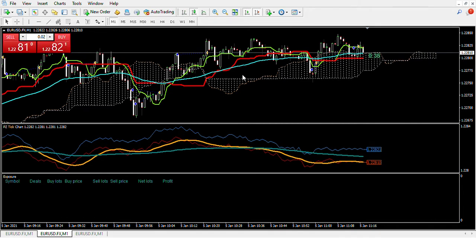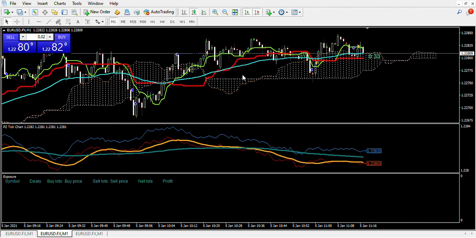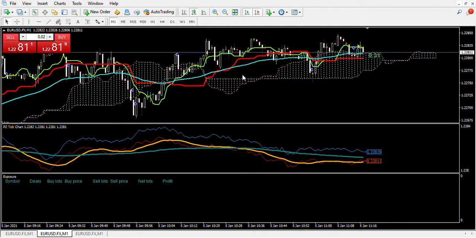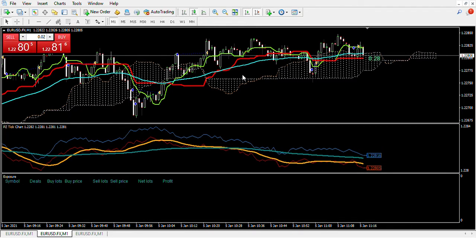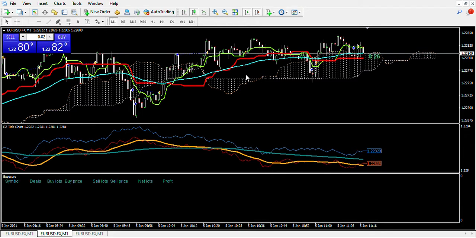Looks like we're getting a little bit of a pullback, so we'll just continue watching and see if we can get an entry level.